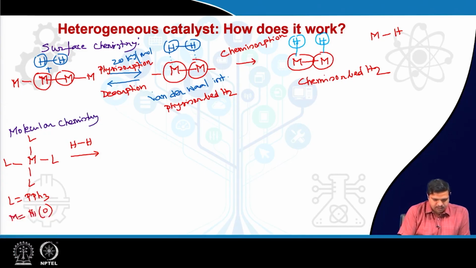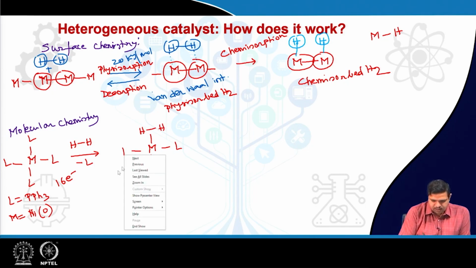Now what will happen here: if it is nickel 0, that is a 16 electron system. So it can first undergo coordination, so one L will come out and then it will be the classical eta 2 hydrogen.